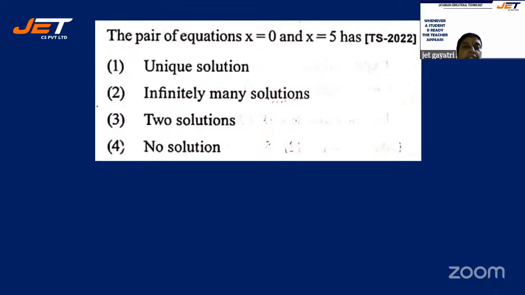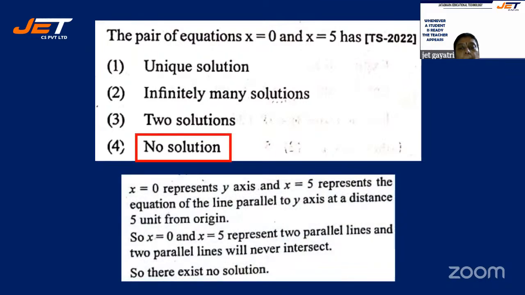See another question. The pair of equations x is 0 and x is 5 has: unique solution, infinitely many solutions, two solutions, or no solution. It has no solution.